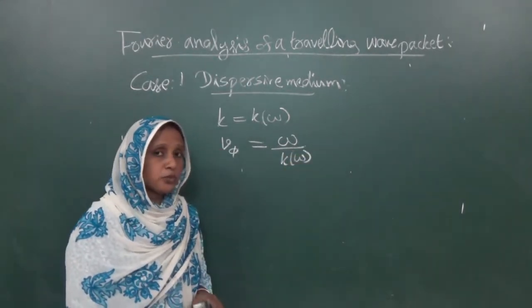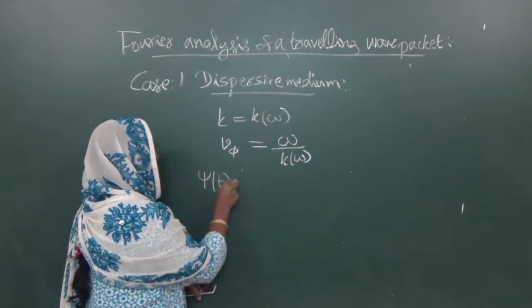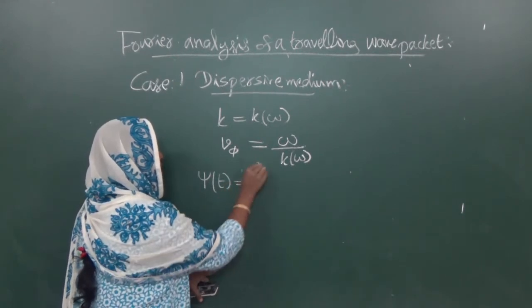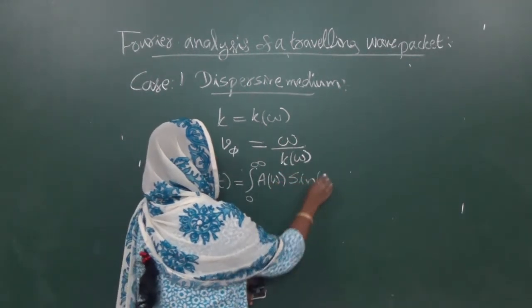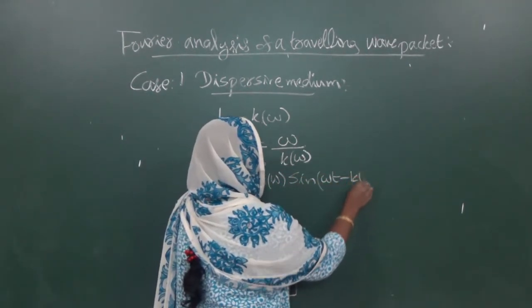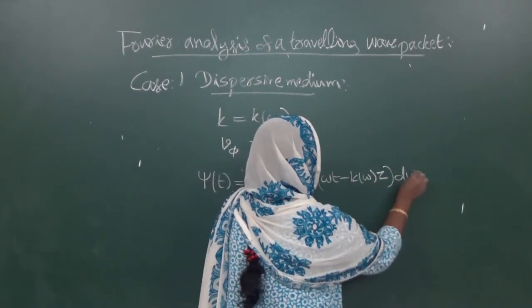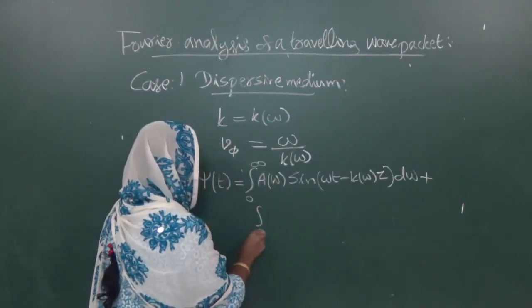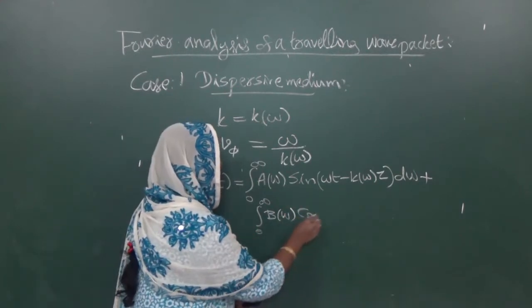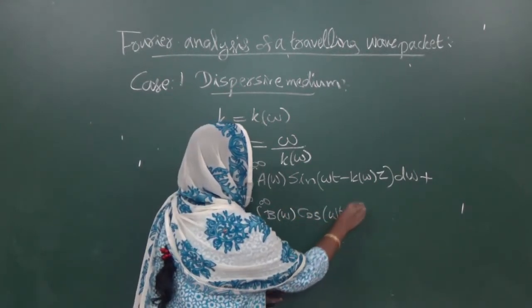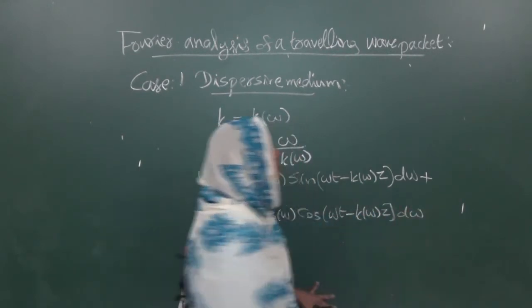So what happens to the pulse? We already found that ψ(z,t) equals the integral from 0 to infinity of A(ω) cos(ωt − k(ω)z) dω plus the integral from 0 to infinity of B(ω) sin(ωt − k(ω)z) dω.